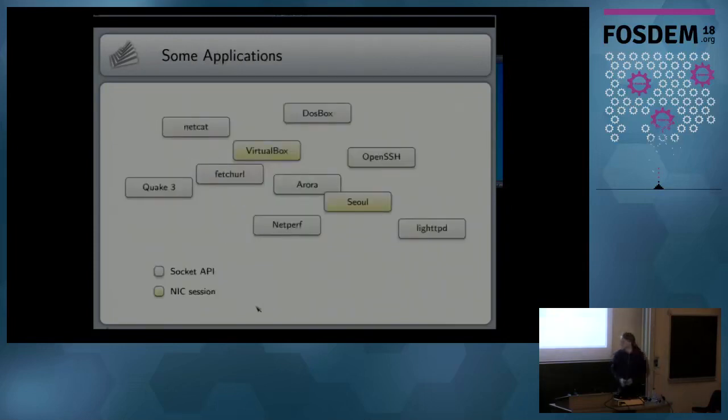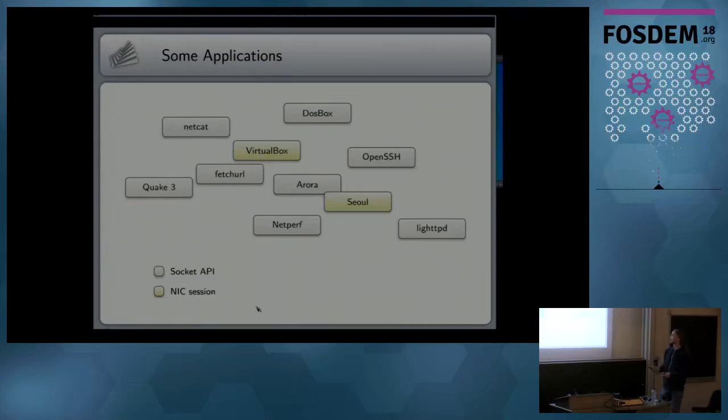A short overview of applications that run on top of this. We have seen already a VirtualBox that runs on top of it. It runs directly on the NIC session to create a virtual device for its guest.